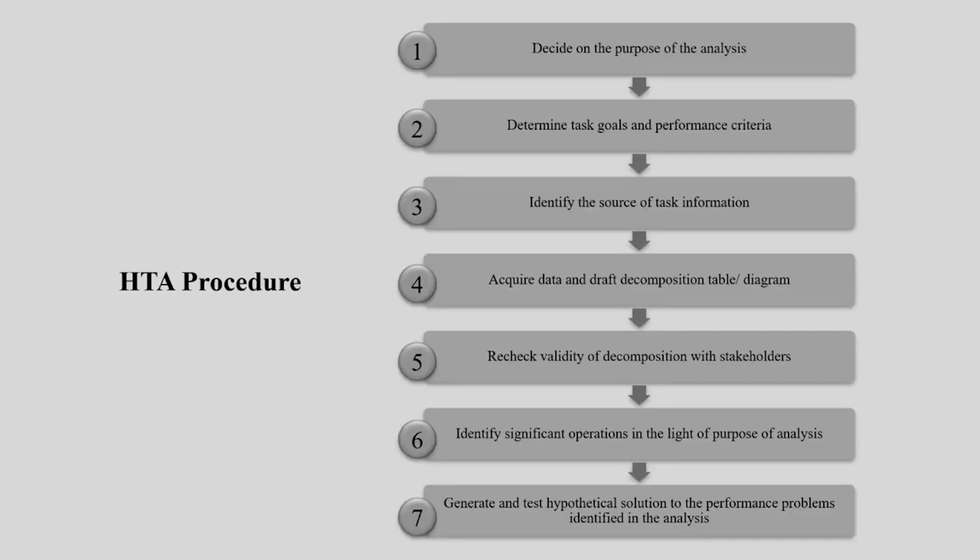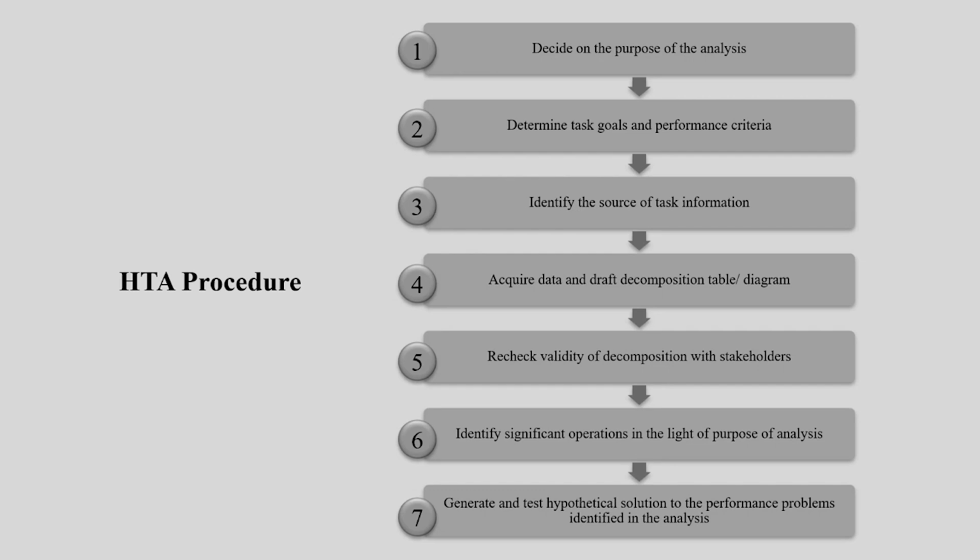So, if we go for the detailed procedure, in short it has these many steps. Each step we are going to discuss. So, first let us read out what the steps are one by one. Decide on the purpose of the analysis, which is very important.